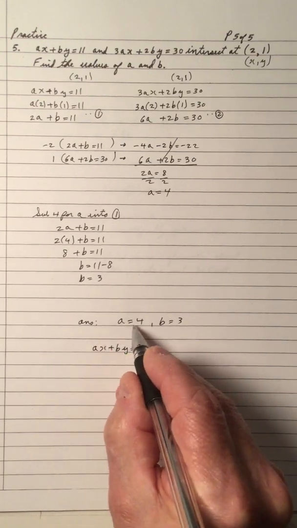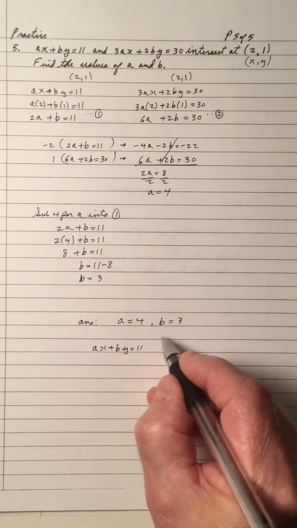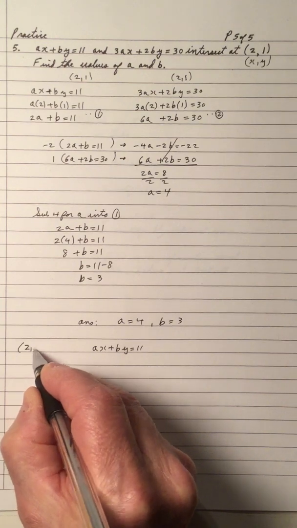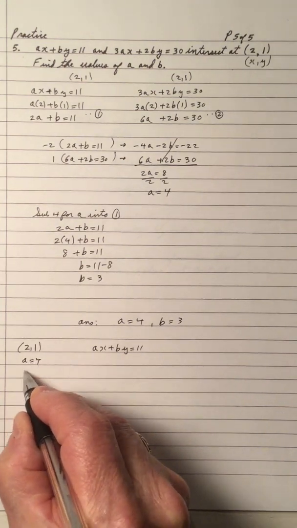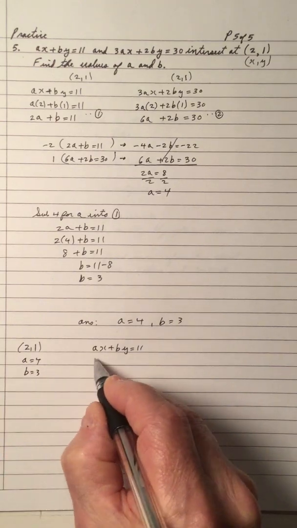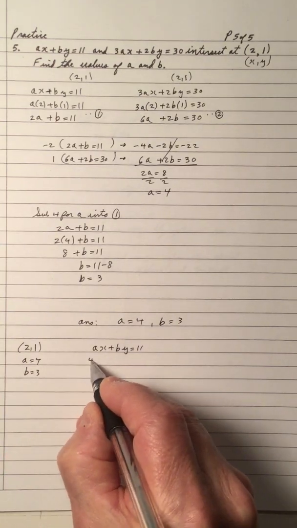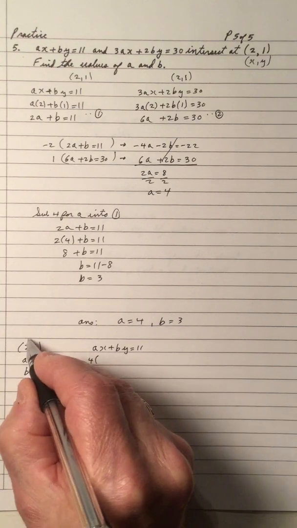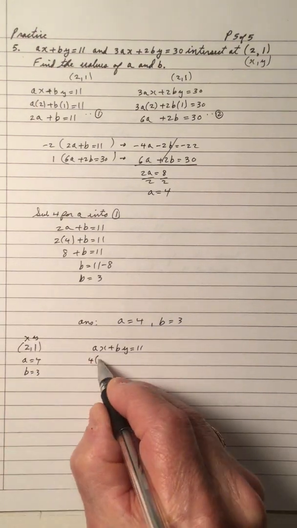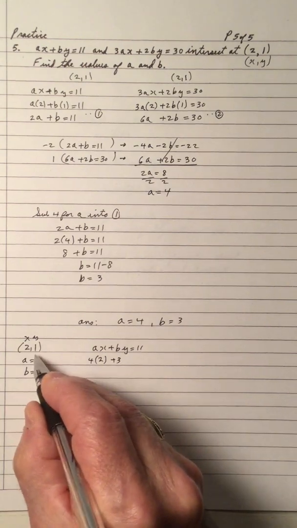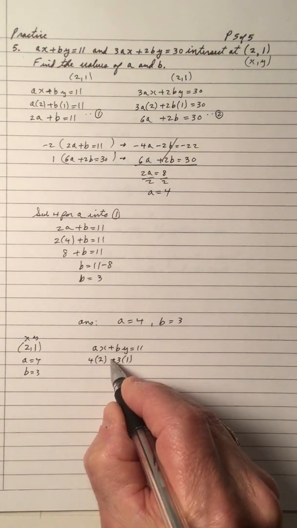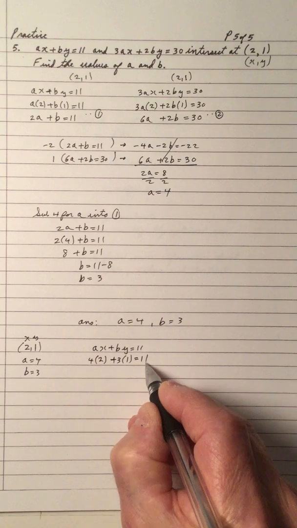A is 4, b is 3, and we have the point 2, 1. A is 4, that's x, and that's y. X is 2, b is 3, y is 1, and that gives me 11.